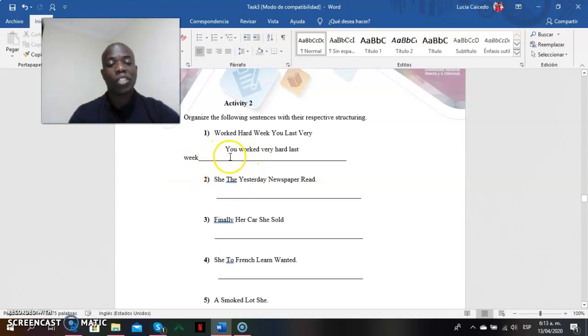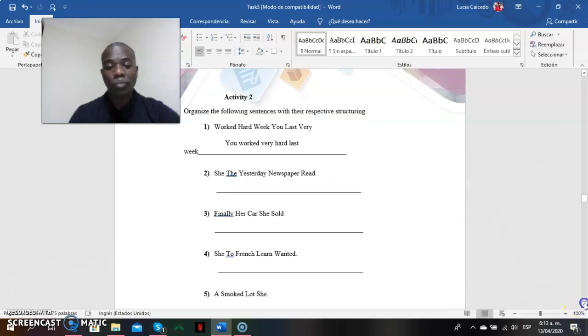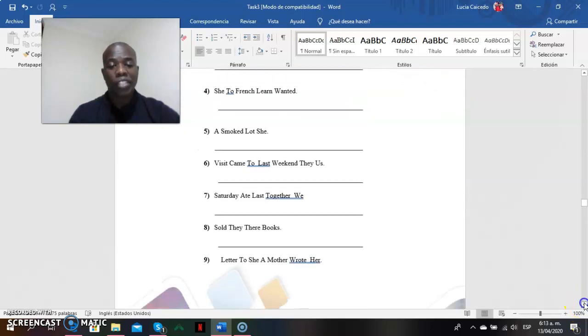And for example, in number 2: she, they, yesterday, newspaper, read. The student needs to put them in the right order, and so forth.